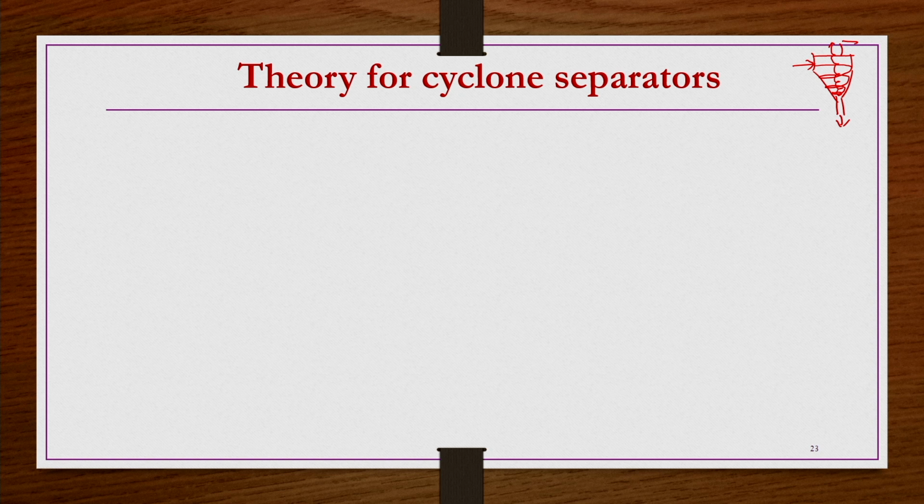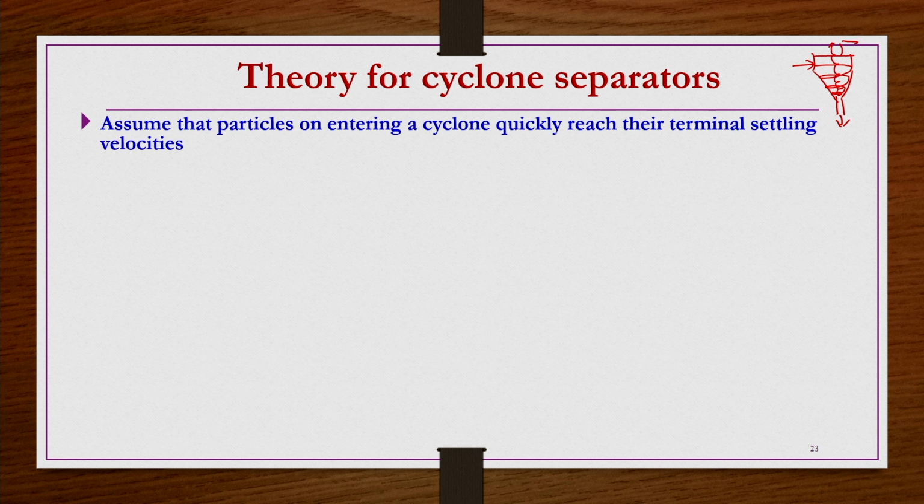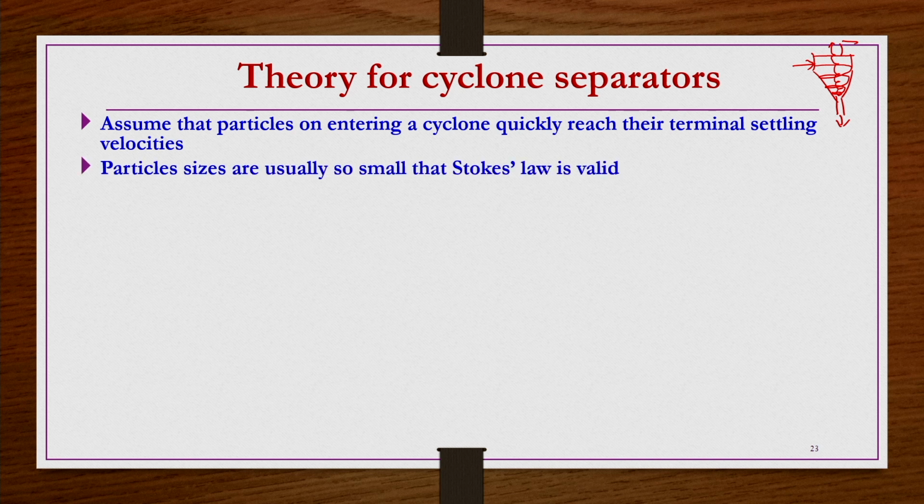For this case, we are going to develop the required equations. Assume that particles on entering a cyclone quickly reach their terminal settling velocity; that is important. Particle sizes are usually so small that Stokes' law is valid, because we use cyclone separators in general to separate micron size particles from dust laden air or gases.